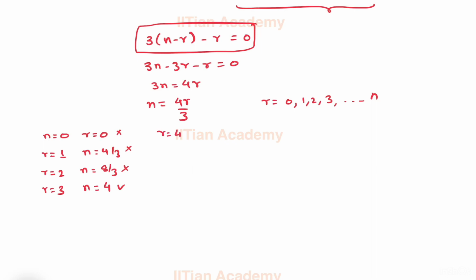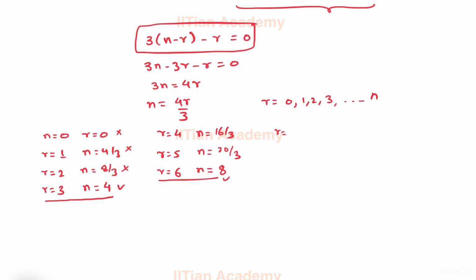Let us try r equals 4, we get n equals 16 by 3. Then r equals 5, we get n equals 20 by 3, which is again not an acceptable solution. r equals 6, we get n equals 8. So from here we can see that only for multiples of 3 in case of r are we getting values of n.